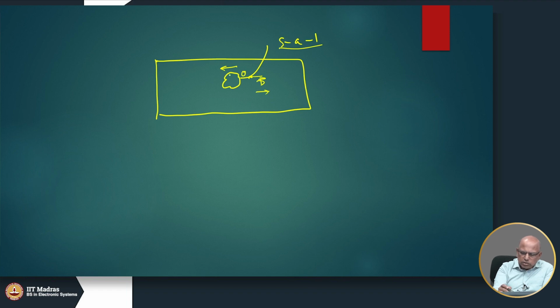Now, how do I get a 0 on this line? D algorithm looks at what kind of gate you have. If it is an AND gate, well, you can get a 0 at the output of an AND gate by putting one of the inputs to be 0. Okay. So, suppose this is an AND gate. So, it says, well, I can put a 0x. This itself may be coming from some other gate.